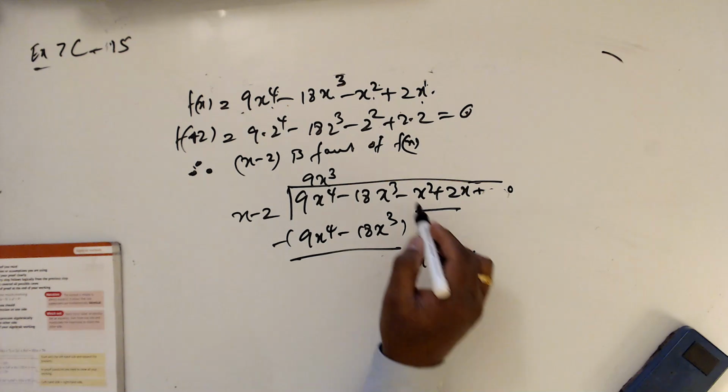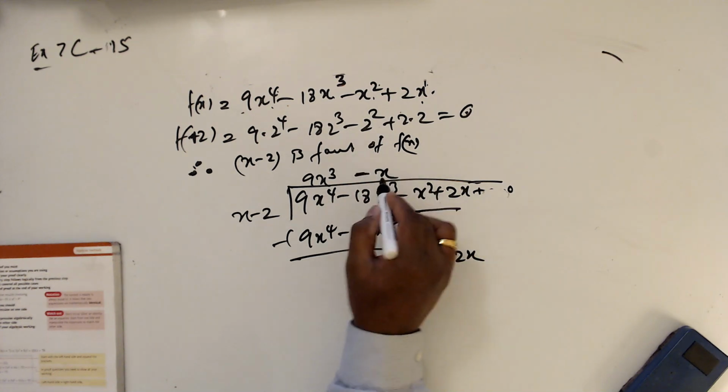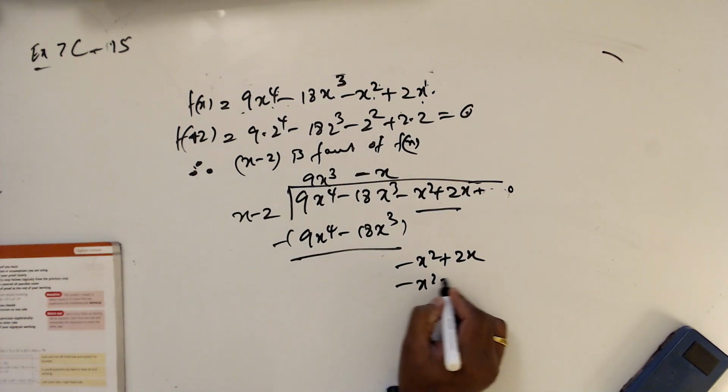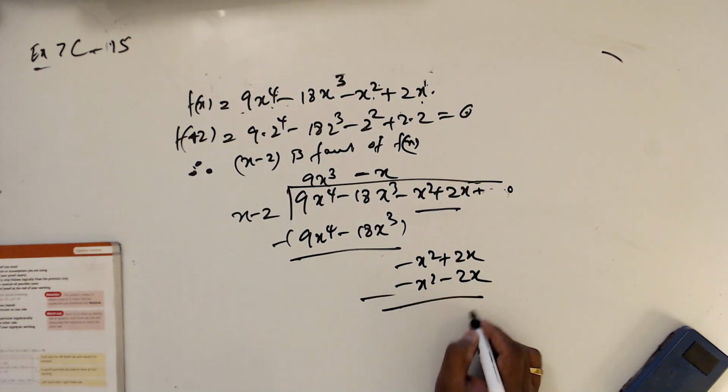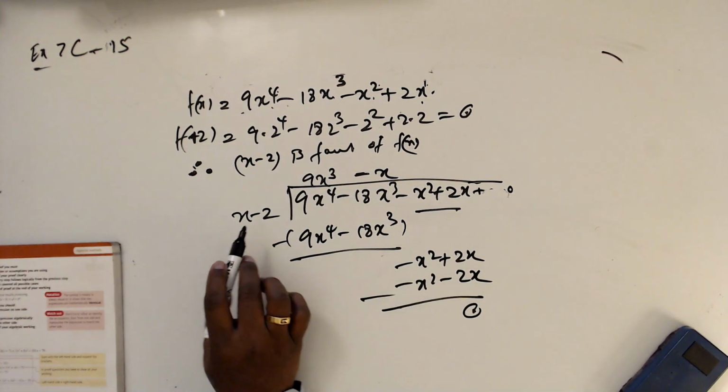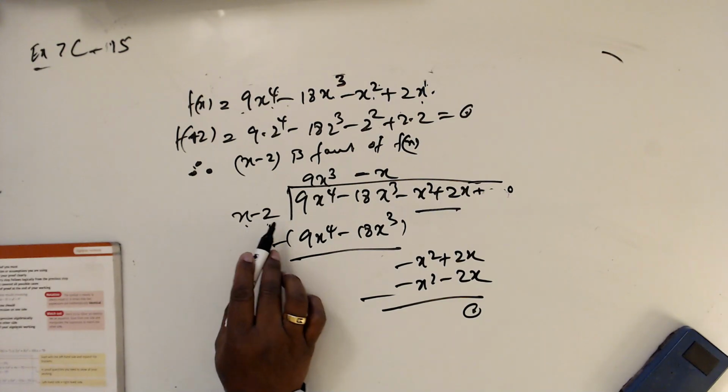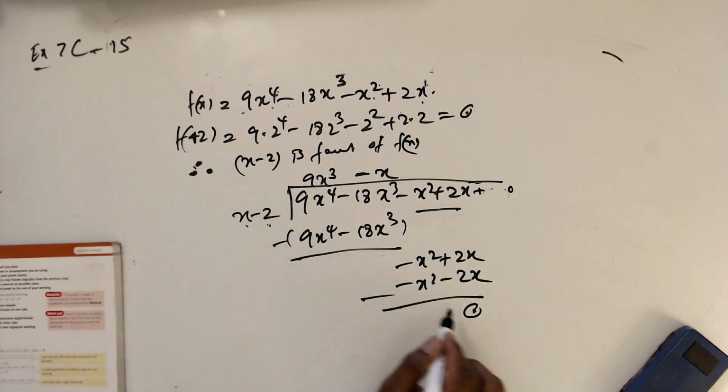Then this is going to be −x² − 2x. When you subtract, this becomes 0. It means x − 2 is a factor because there is no remainder.